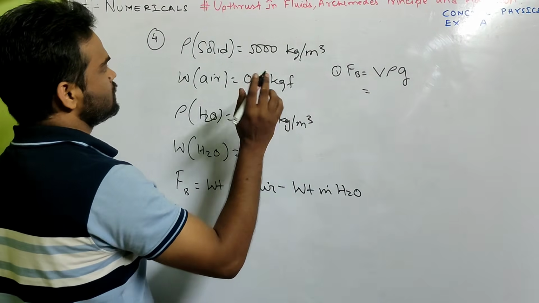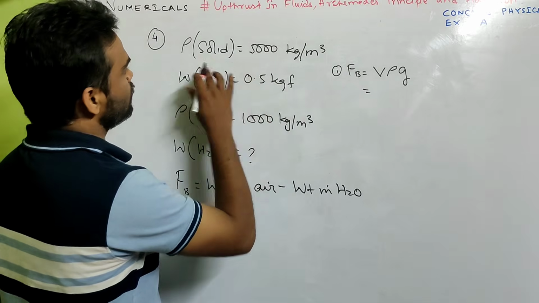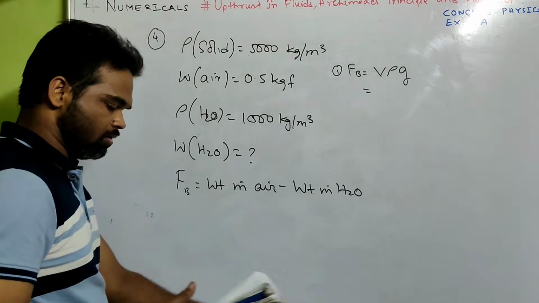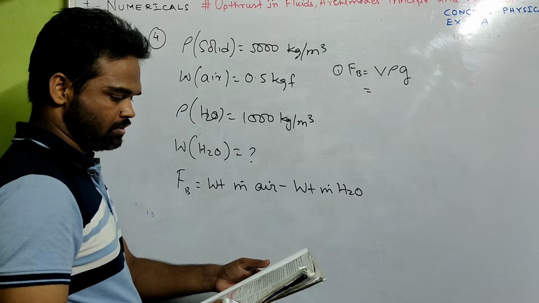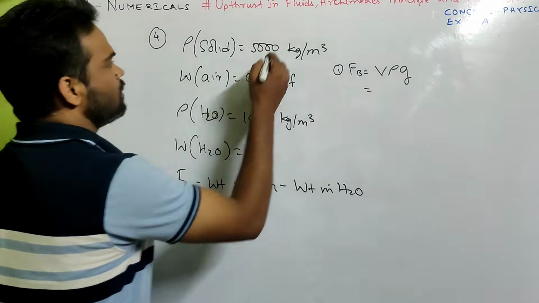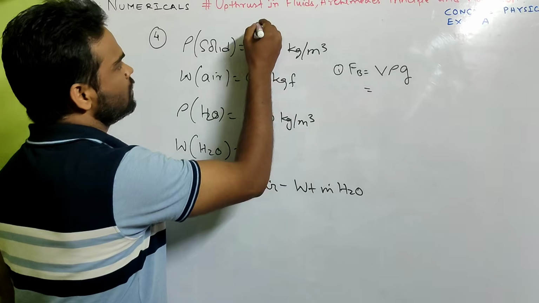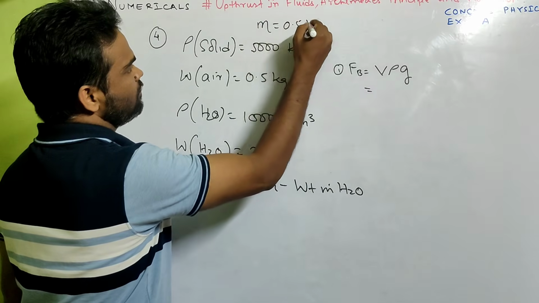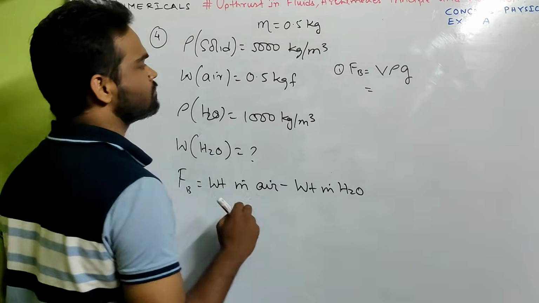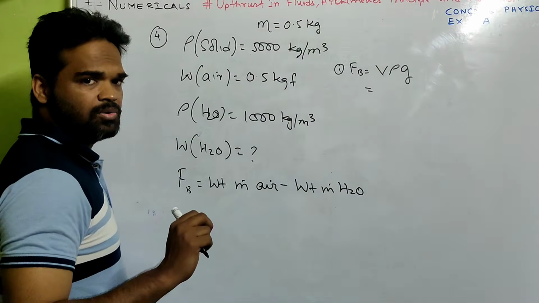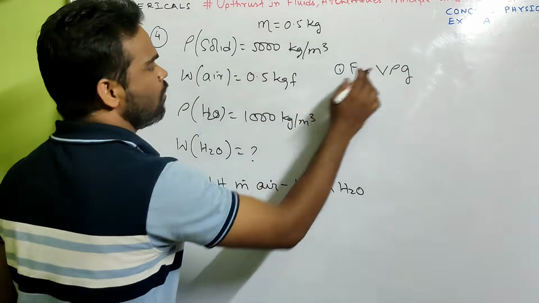The weight in air is given and the density of this body is given, so we'll find the mass. Since the weight is 0.5 kgf, mass will be 0.5 kg. If you put the value of g, you'll get it in Newton. So mass is this. So volume is what?